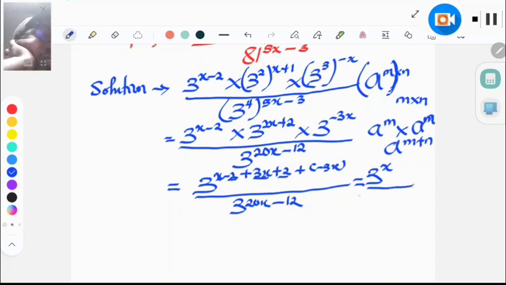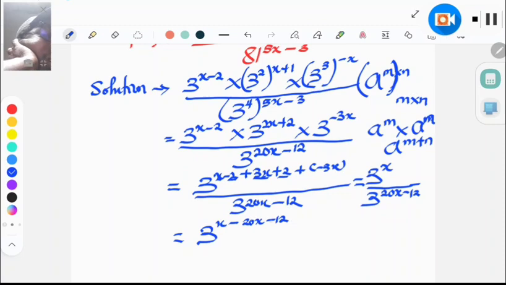Then for the denominator, we have 3 raised to the power of 20x minus 12. Now don't forget, when we are dividing indices, you subtract the powers. So we have 3 raised to the power of x minus (20x minus 12).